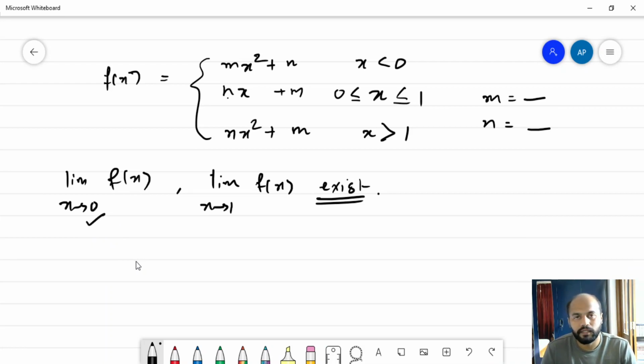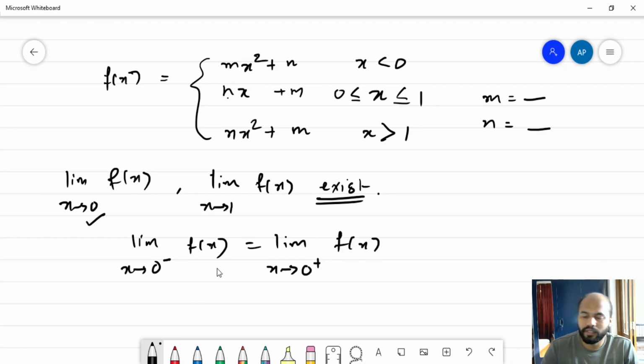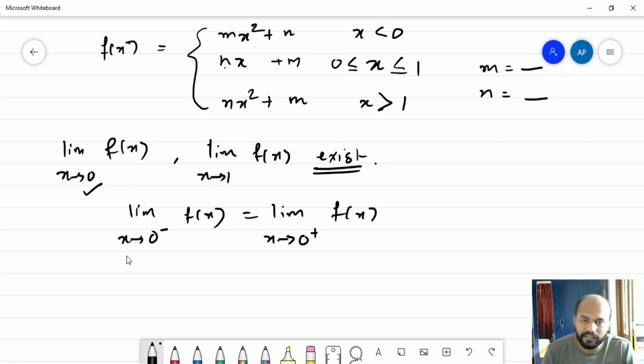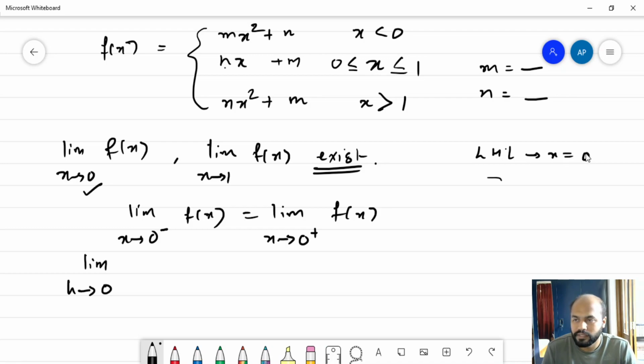Now if the limit at 0 has to exist, then limit x tending to 0 minus f(x) should be the same as limit x tending to 0 plus f(x). So all that we have to do is equate the left hand and right hand limits. For LHL, x is going to be 0 minus h.